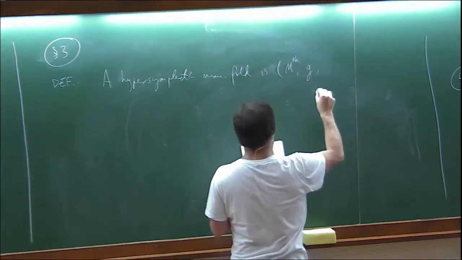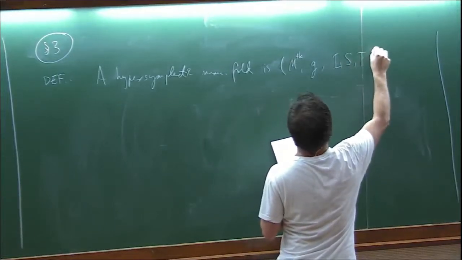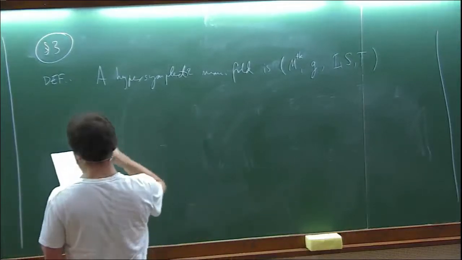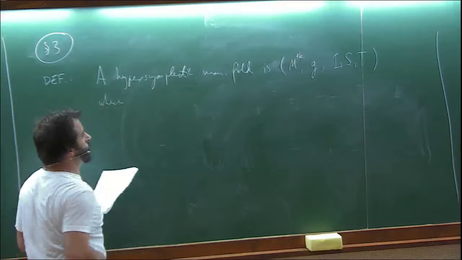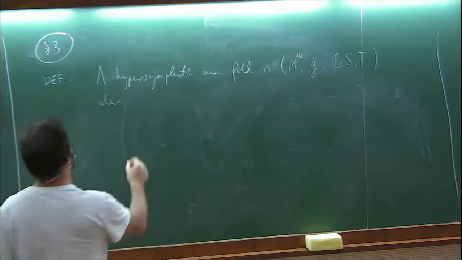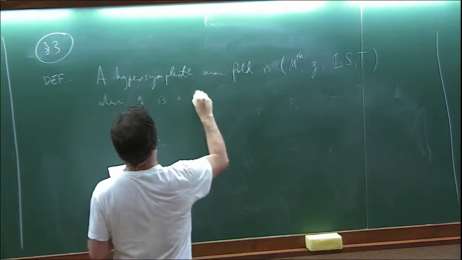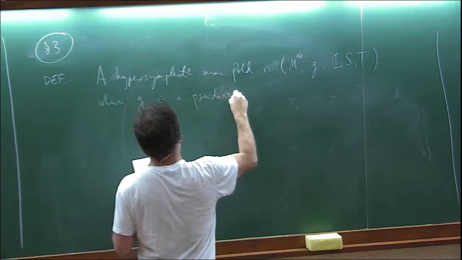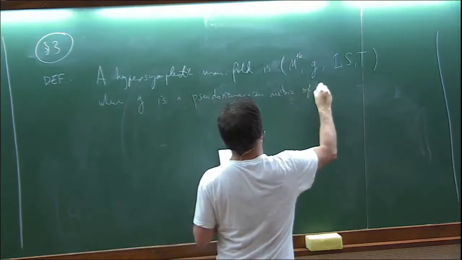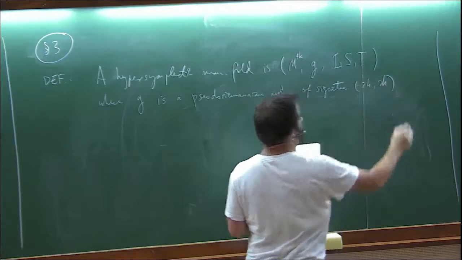It has a metric g, and also endomorphisms of the tangent bundle. But g now is not required to be Riemannian. Here g is a pseudo-Riemannian metric of signature (2k,2k), so split signature again.